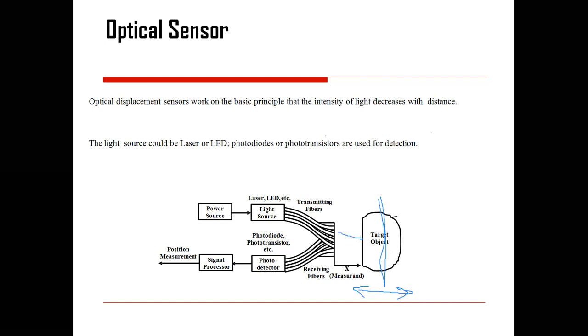And again, a photodetector is used to detect the light which has been reflected from the target object. This photodetector will detect the light from the target, and signal processing will provide you the output terminal.